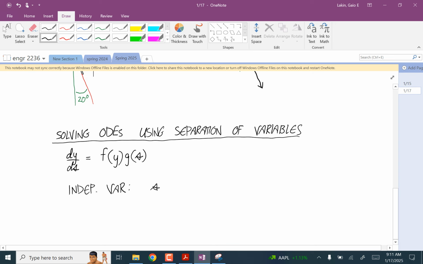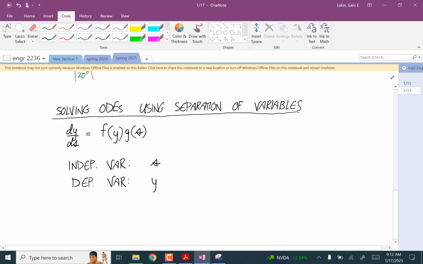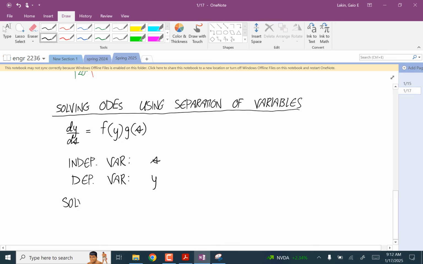S, yep. And what is the one, or what are the many dependent variables? So that means to solve this means we want to find the function y as a function of s. Okay?